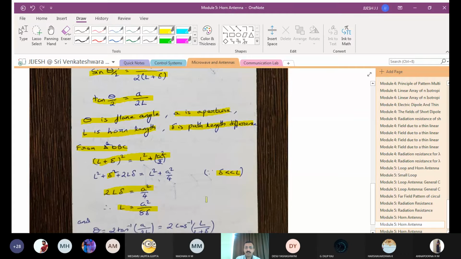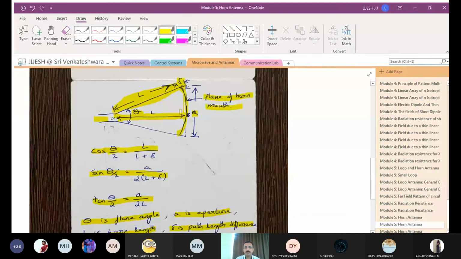That theory portion you can make a note of from this diagram. You can write down these equations and proceed further.